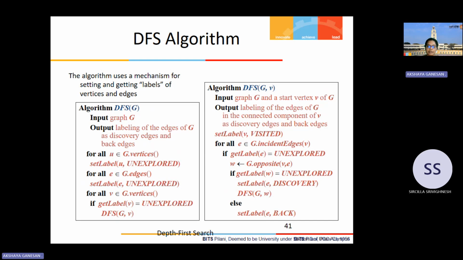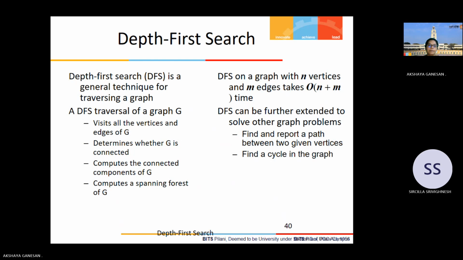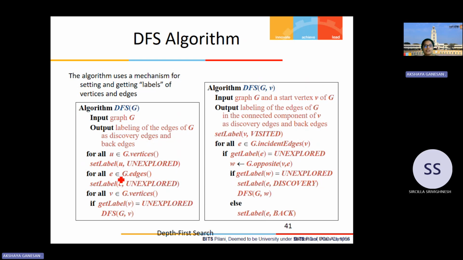So in the algorithm, if you see, traversal can be used to check whether G is connected, compute the connected components, etc. Again, this also runs in order of n+m, right, to find a cycle, etc. So first you initialize all labels as unexplored.